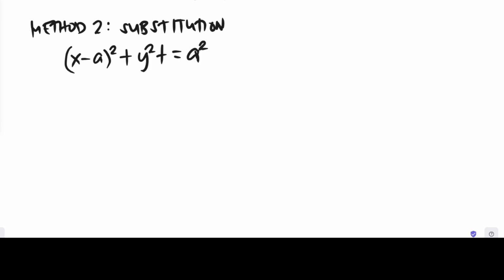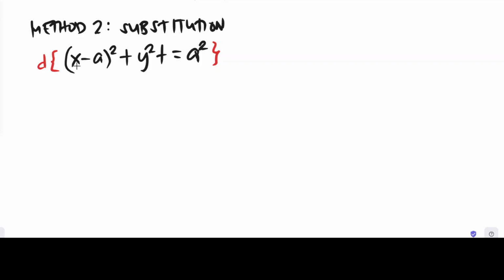In this case, if we do implicit differentiation on this one, in the substitution method, we are mostly using implicit differentiation. So this one will be a chain rule.